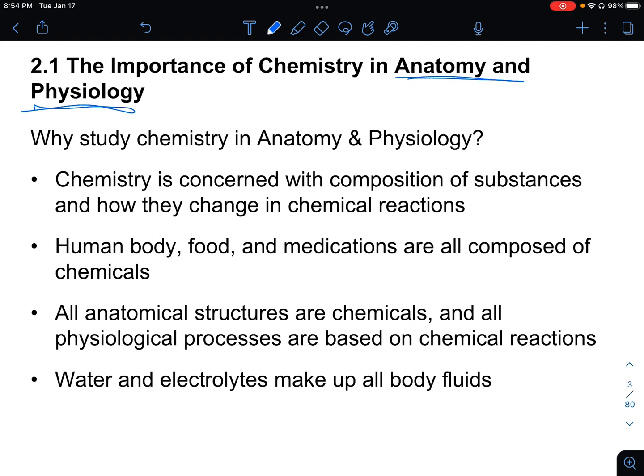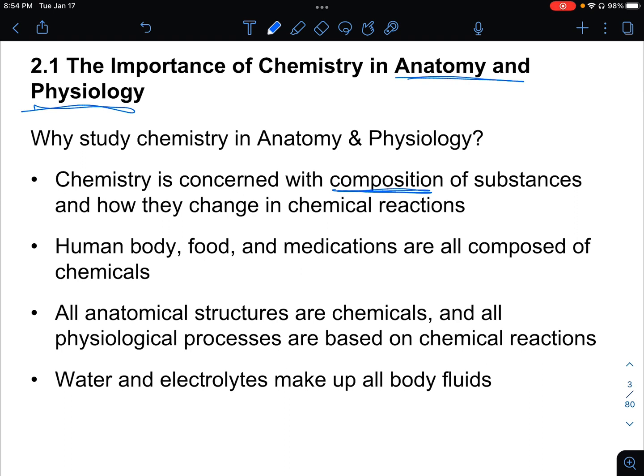So, why are we studying chemistry? Chemistry is concerned with the composition of substances and how they change in chemical reactions. We just talked about all of the levels of organization of a human organism. Starting at the bottom, we have our subatomic particles, our protons, neutrons, and electrons. We have to know exactly how those react with other protons, neutrons, and electrons, because each atom might have a different number of these subatomic particles.